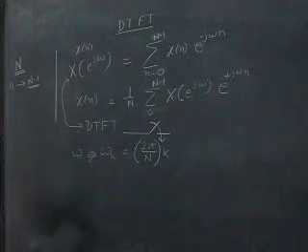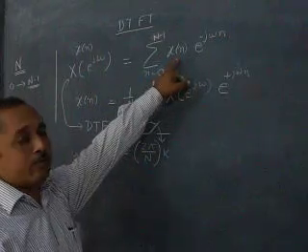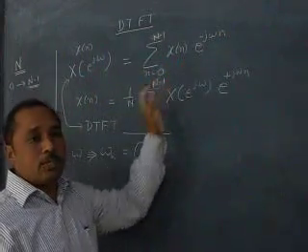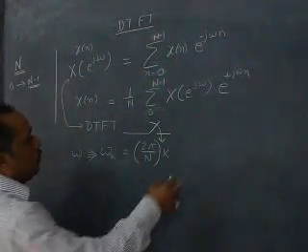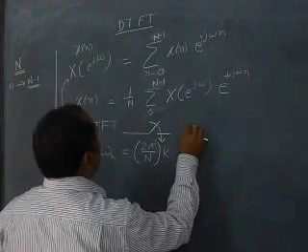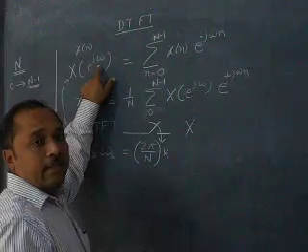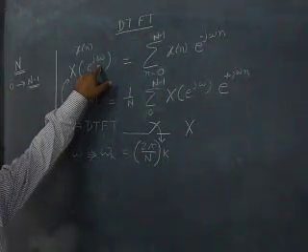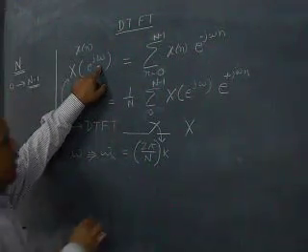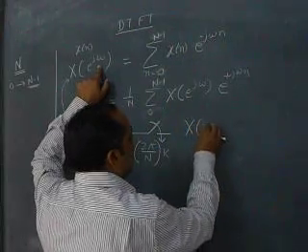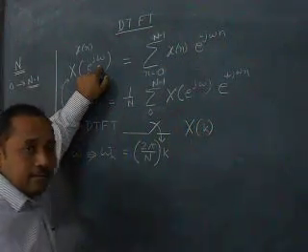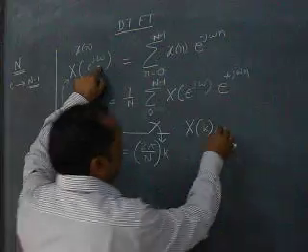It means after sampling, here in this equation the omega will be replaced by omega k. So this will become X of e to the power j omega k. Omega k means for the discrete values, and we can write this as X of k.